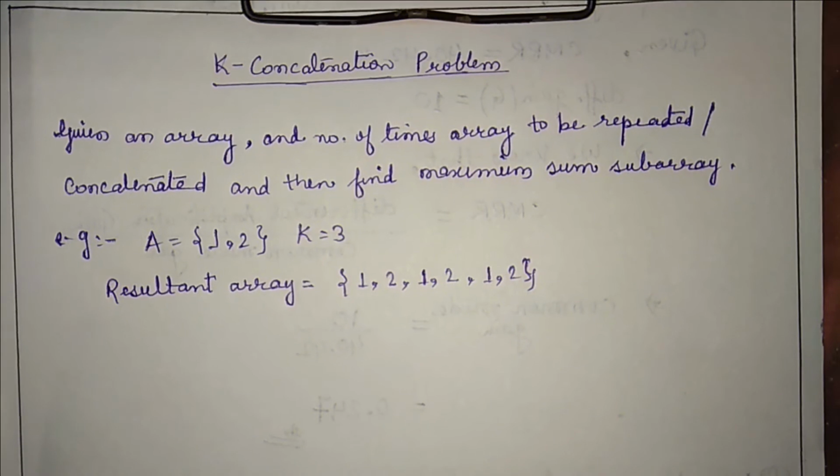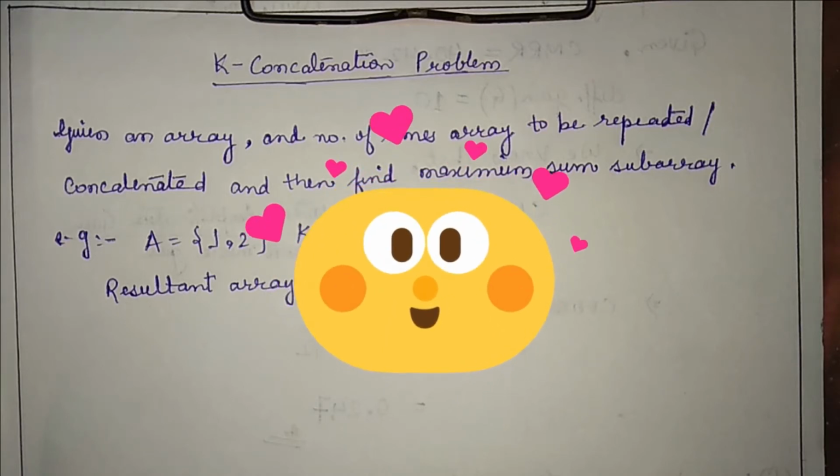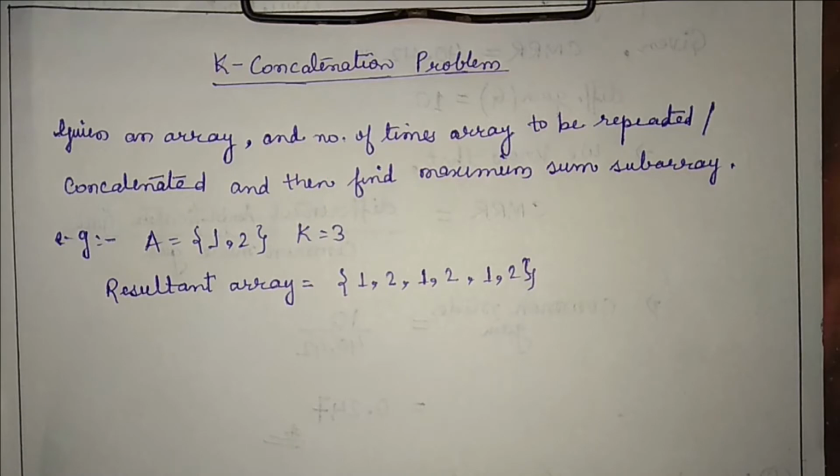As you can see on the screen, we are given an array containing elements 1 and 2. And the number of times it is going to be repeated, that is k equals 3. So our resultant array will look something like 1 2 1 2 1 2.